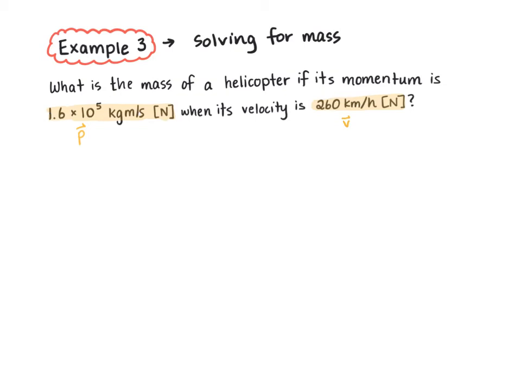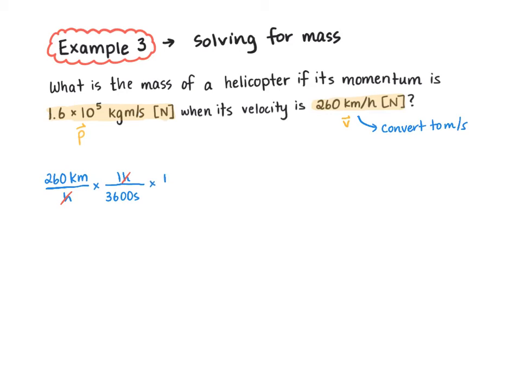Now our velocity has the wrong units. We need to convert this to meters per second, so we'll do that first. 260 kilometers per hour times 1 hour is 3,600 seconds. That's going to allow us to cancel out those hours.